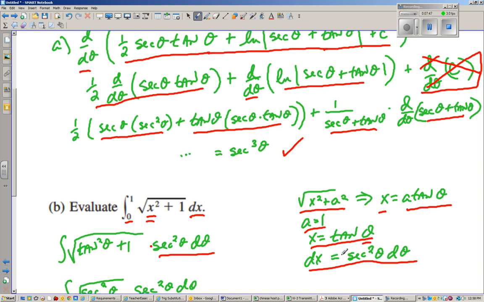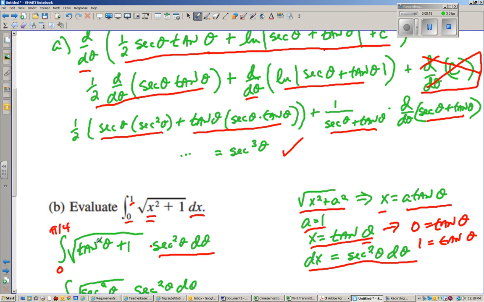If I put 0 in, what angle has a tangent of 0? That would work out to be 0 down there. And then when we came to that upper limit 1, what angle had the tangent when x was 1? What was the inverse tangent of 1? Wouldn't that turn out to be pi over 4?